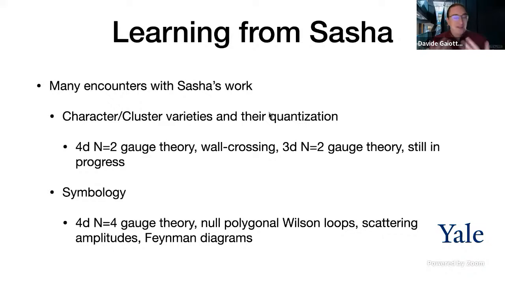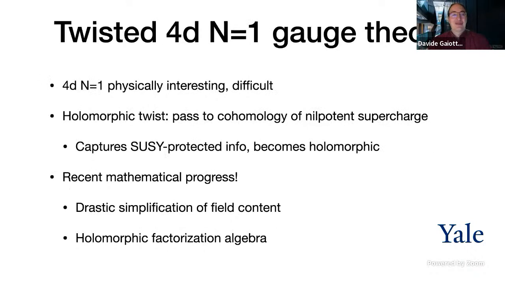And so, inspired by this, I would like to cut down the number of supersymmetries even further and discuss a project in four-dimensional N=1 gauge theory, where I would really love to have further insights from Sasha, because I get the impression from the ingredients I see floating around that there might be some things that he might find interesting here.